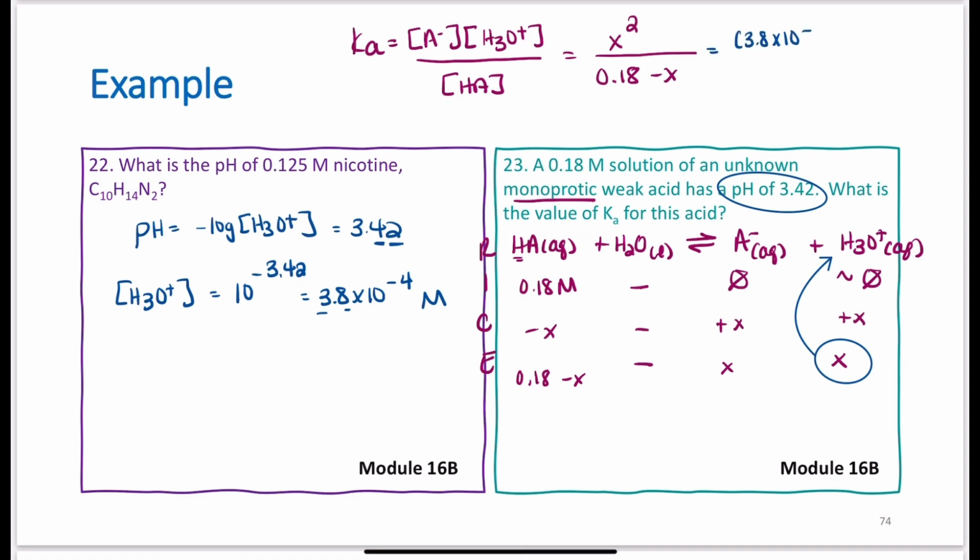So 3.8 times 10 to the negative 4 squared over 0.18 minus 3.8 times 10 to the negative 4 is equal to my Ka value. And I get a Ka value here of 8.0 times 10 to the minus 7. So just kind of working backwards what you guys are used to doing, seeing it from the other direction.